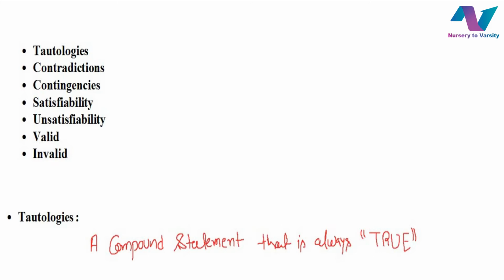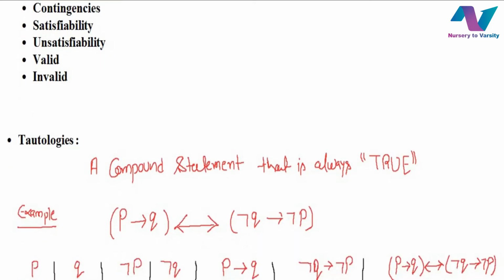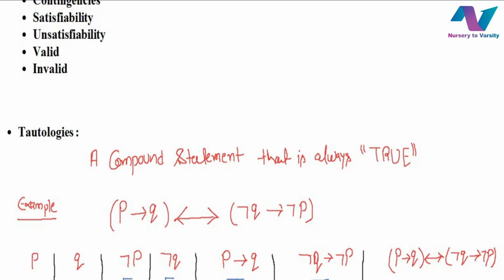So let's start with our first definition, that is tautology. A tautology is a compound statement that is always true. It means if we find that a proposition or compound statement is true in the last column of the truth table, then we say that the given statement or proposition is a tautology.